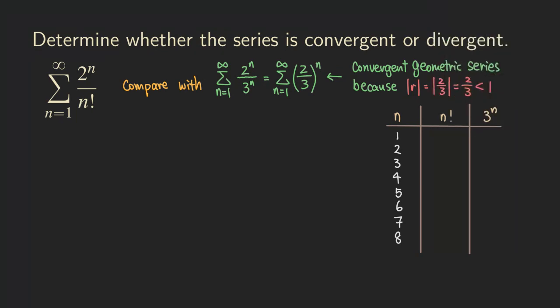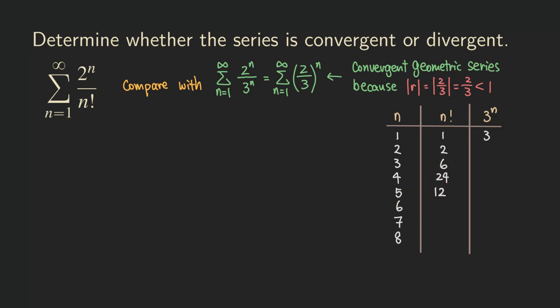So when we are doing the calculation, we have 1 factorial, right? So we are just going to get 1. And then 3 to the first power is 3. And let's fill in the other column first, right? So we are going to get 2 factorial, which is 2. 3 factorial is 6. 4 factorial is 24. And then 24 multiplied by 5, you can actually just keep multiplying the next number in there, right?